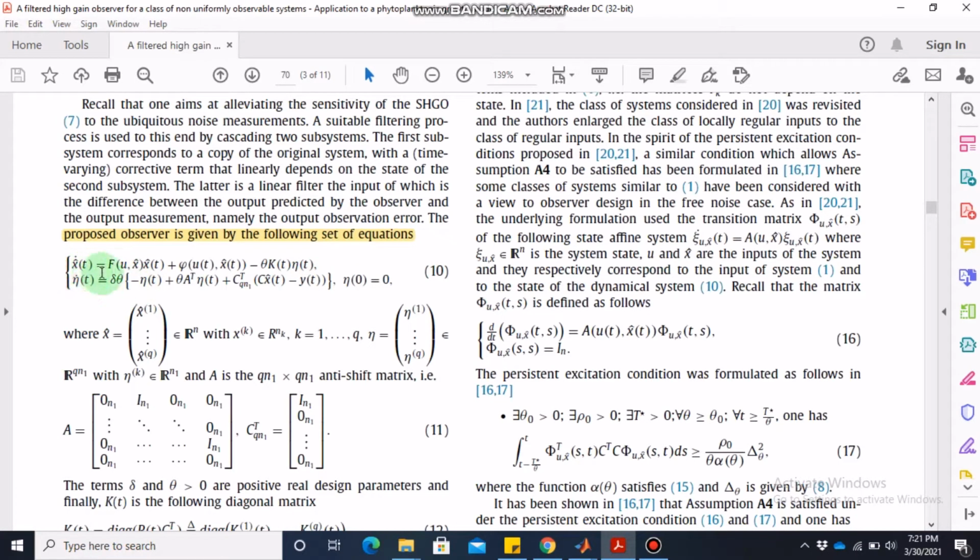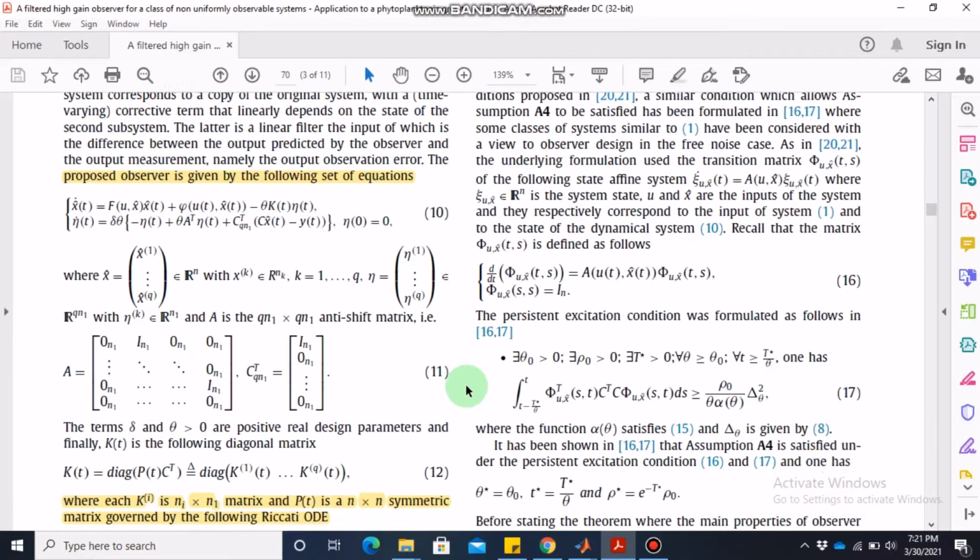This high gain observer does not just involve the state estimate dynamics, f times x hat plus phi, which is the copy of the system dynamics, plus, instead of the correction term here, they have this theta times K times eta, where eta is an additional filter with its own dynamics within the high gain observer, and it has the following dynamics proposed by the authors, which involve this correction term, where C transpose is used, and the A matrix in the dynamics of eta is again an upper triangular type matrix.